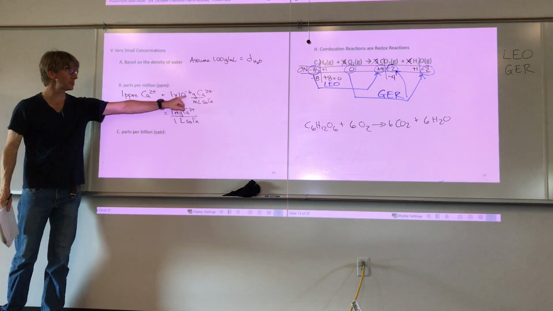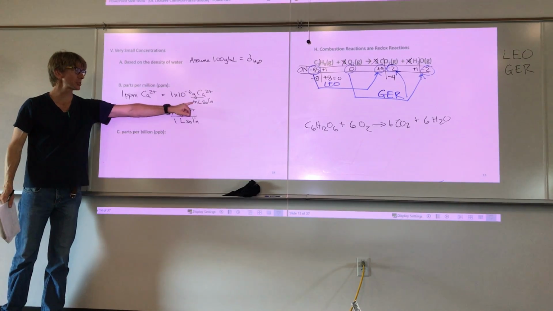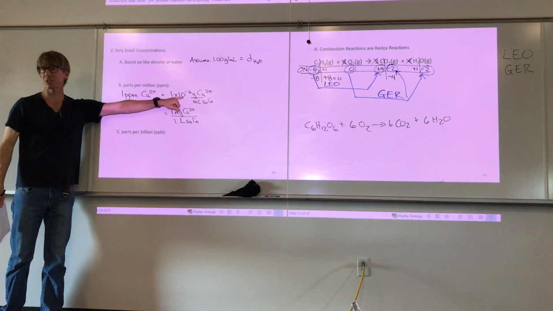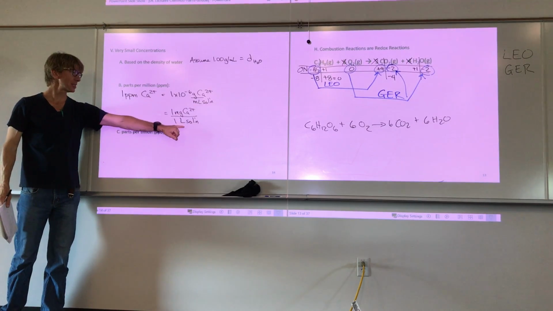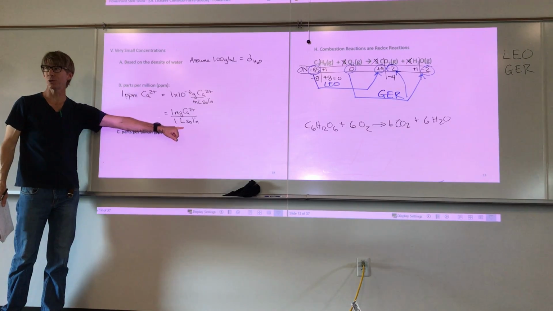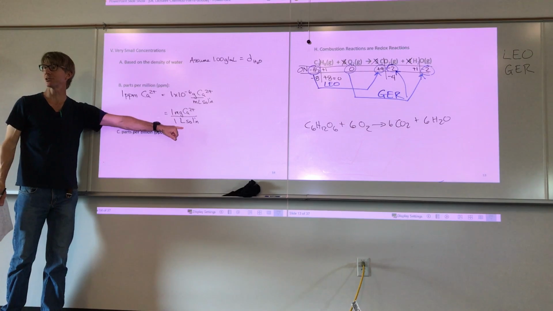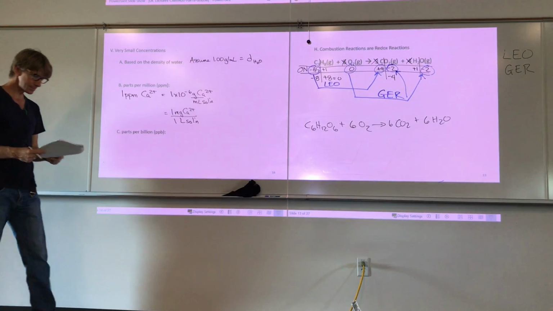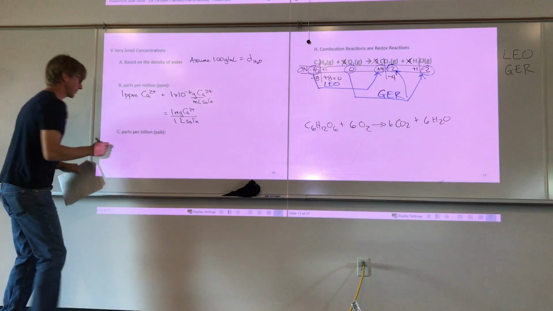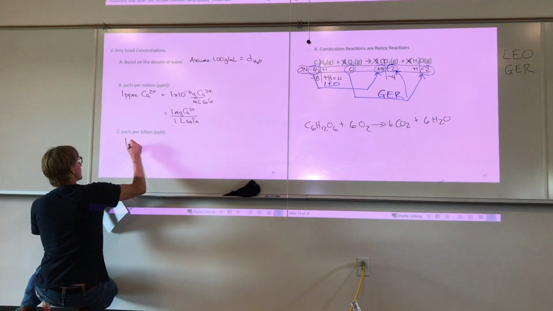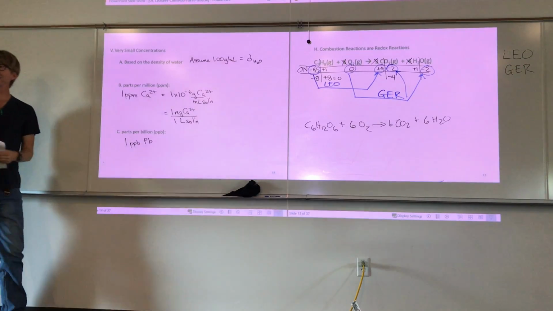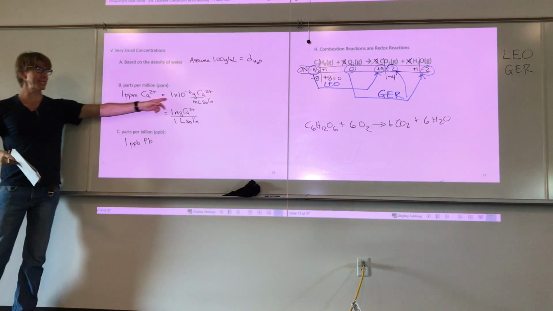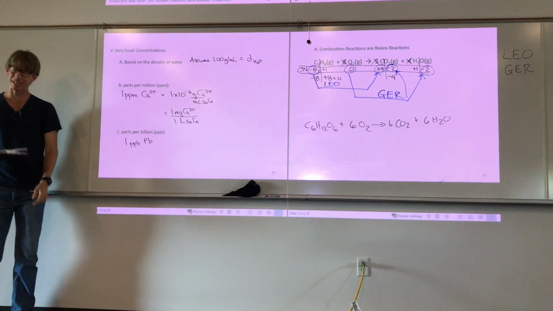If you take milligrams and turn them into grams, liters, turn them into milliliters, you get this 1 times 10 to the minus 6. But what will happen is you'll be reading a journal or a New York Times article, and they'll list parts per million like this. Parts per billion. One part per billion lead. Well, parts per million is 10 to the minus 6. Parts per billion is going to be 10 to the minus 9.